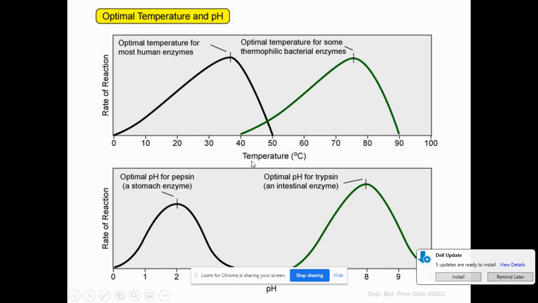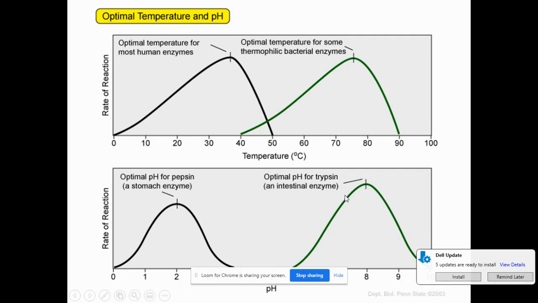Okay. Now let's look at enzymes that can be found in our stomach versus our intestines. Our stomach is a very acidic environment, and the main enzyme working in our stomach is pepsin. Its optimum pH range is pH 2, very acidic.